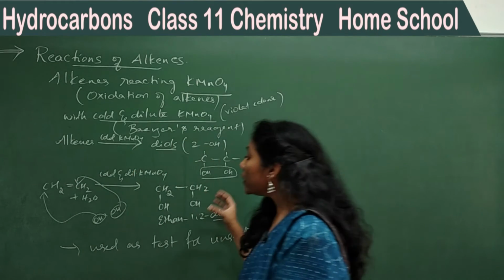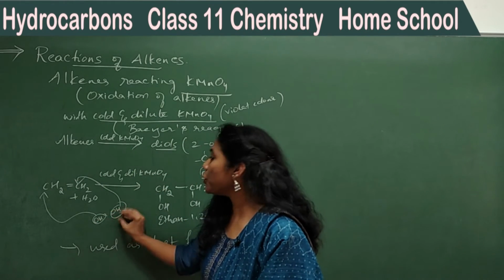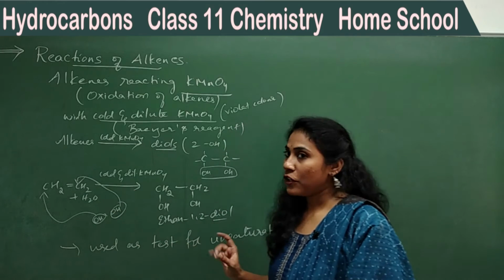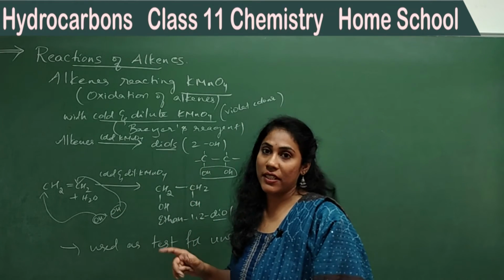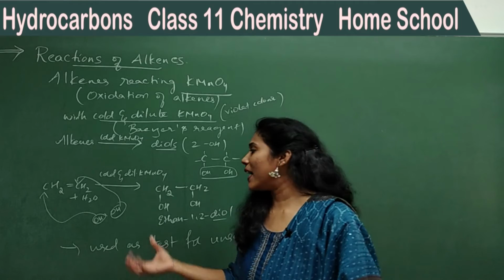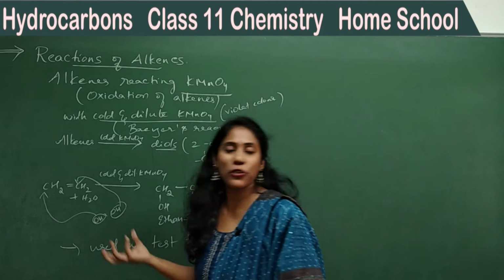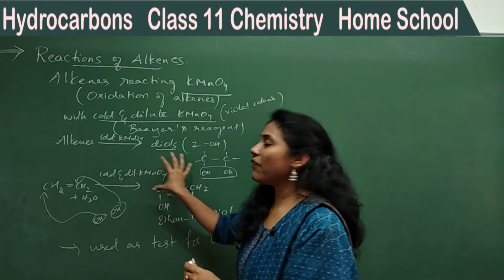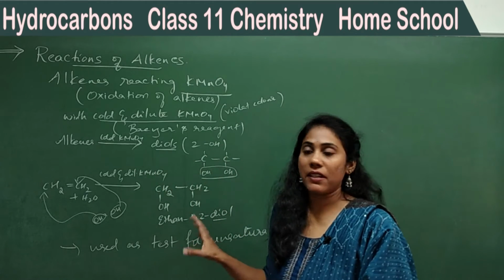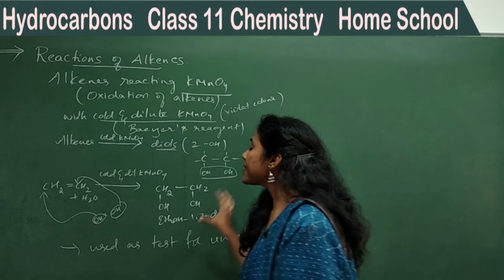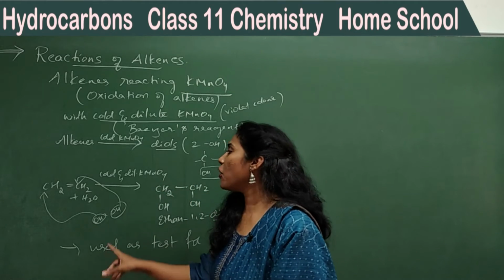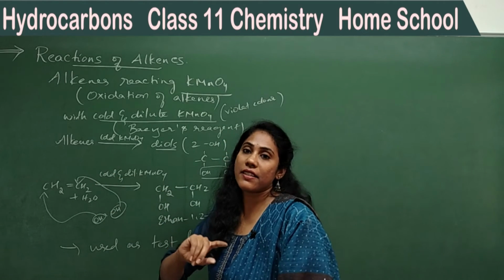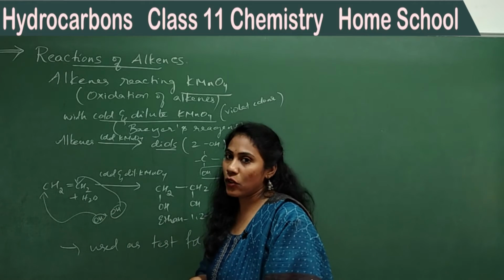If it is unsaturated, only this kind of addition of OH groups takes place, that too in presence of this reagent. If it is a saturated hydrocarbon, there is no addition of OH groups on carbon atoms. Okay, so if the reaction happens, the violet color of KMnO₄ disappears. That is the reason this can be used as a test for detecting unsaturated hydrocarbons.